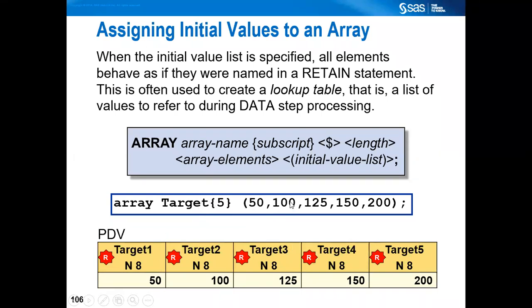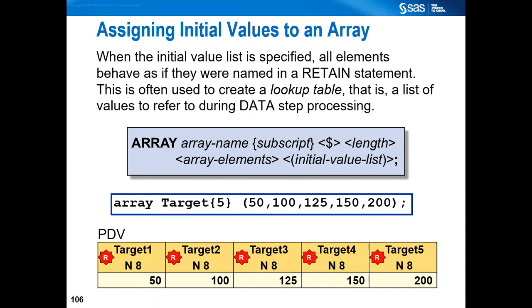And if you give some initial values, it will create those columns in the PDB with numeric attributes and with its length. With this initial value, it will take those values into the PDB, and these values will be retained throughout your data step iterations.